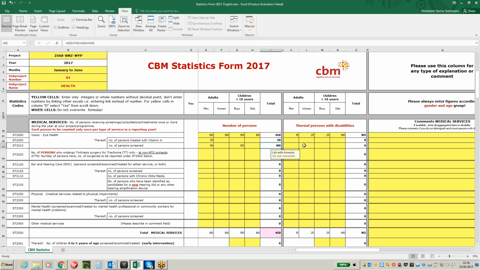And here they say there are 100 women with disabilities whom they have put in. Then again it automatically pops up two cells.